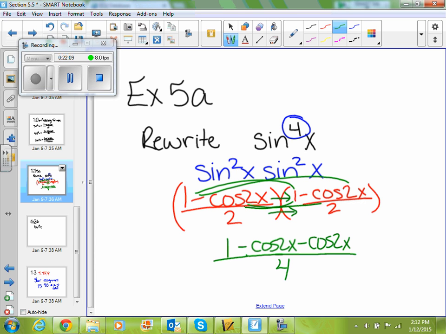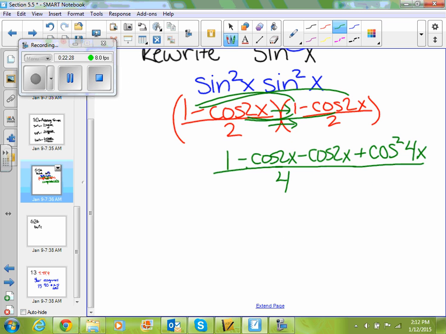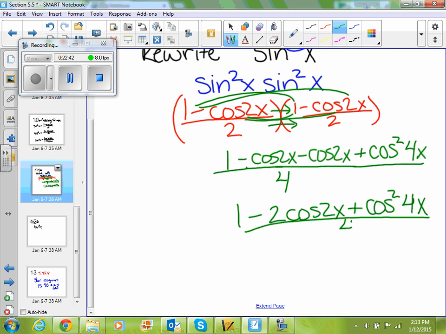And negative cosine of 2x times negative cosine of 2x gives me positive cosine squared of 4x, because your cosines become squared, and 2 times 2 is 4. Then if we combine like terms, we get 1 minus 2 cosine of 2x plus cosine squared of 4x all over 4.